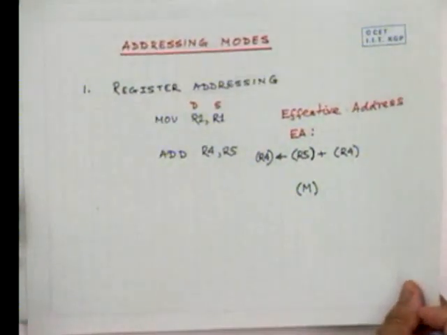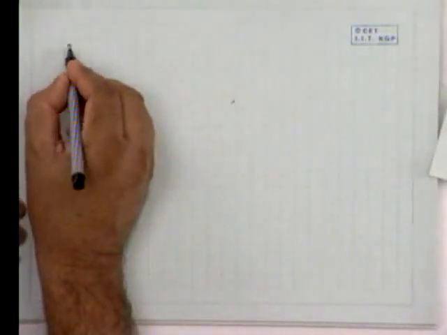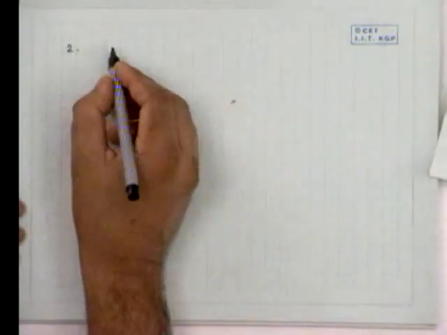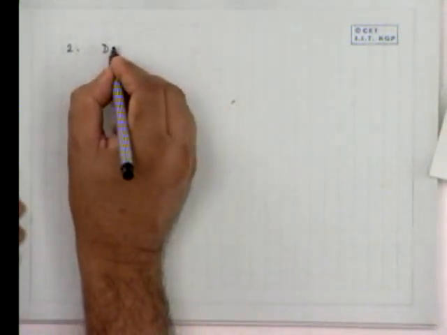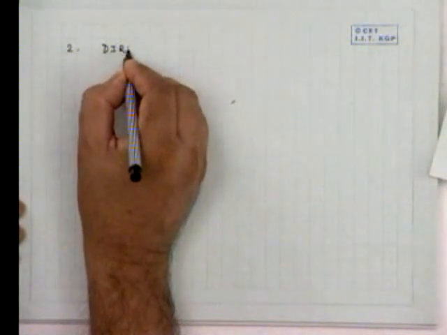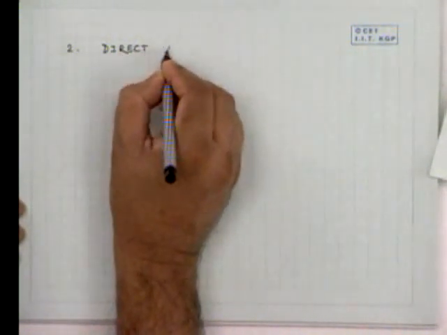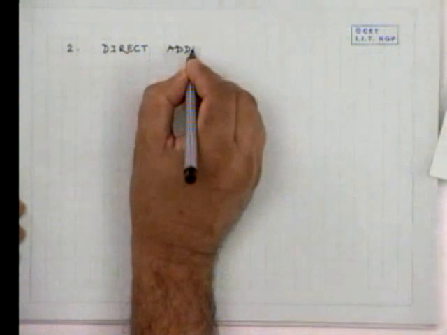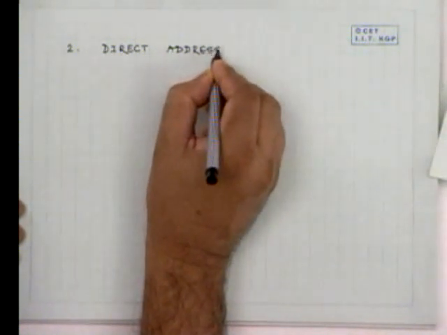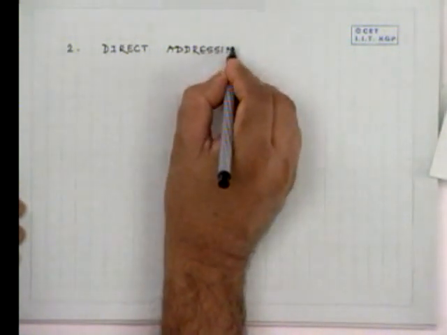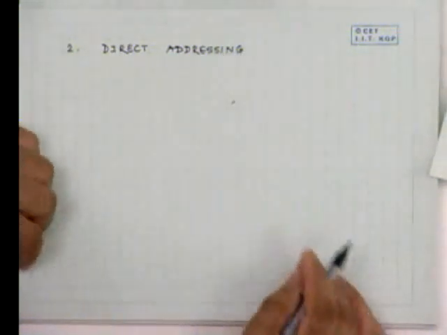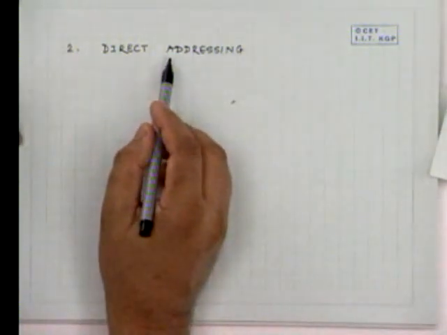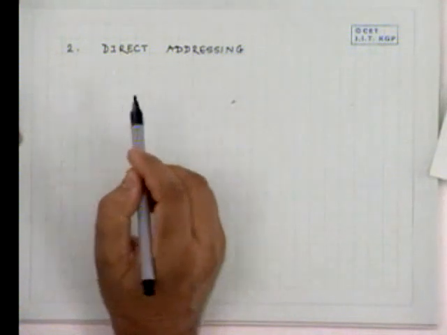Now let's come to another addressing mode, which we call direct addressing. Here, the address in the memory of the operand is given.